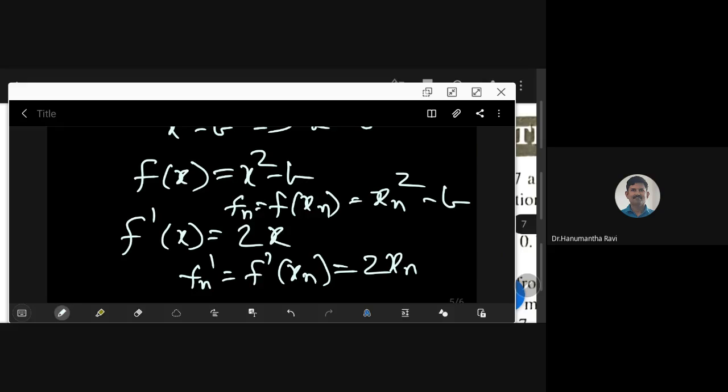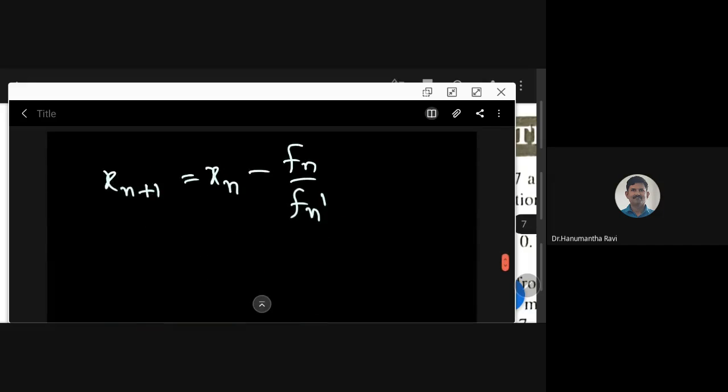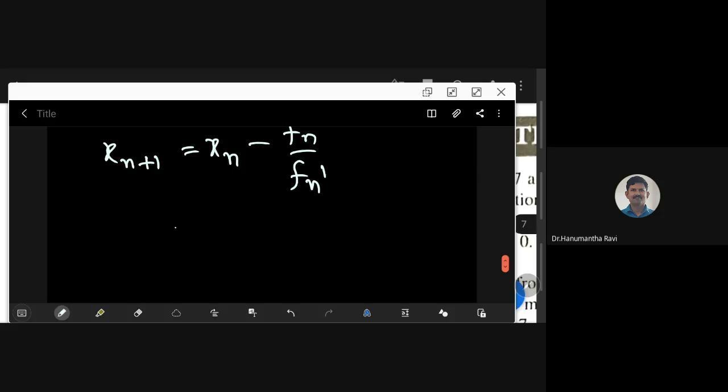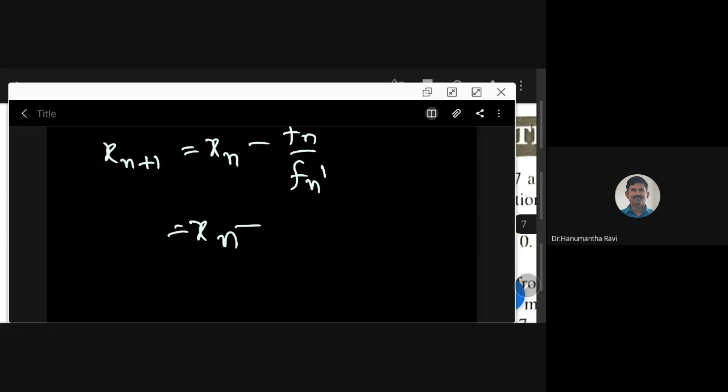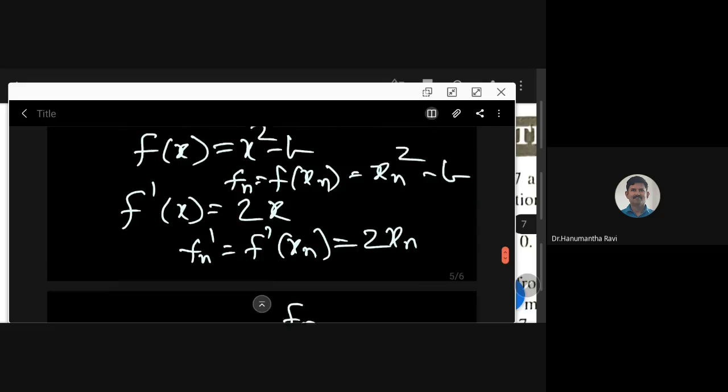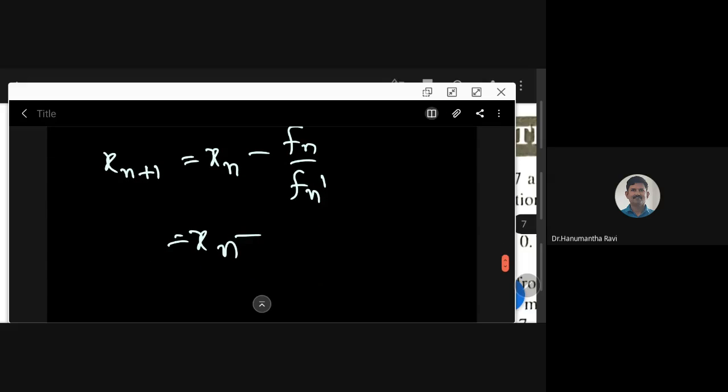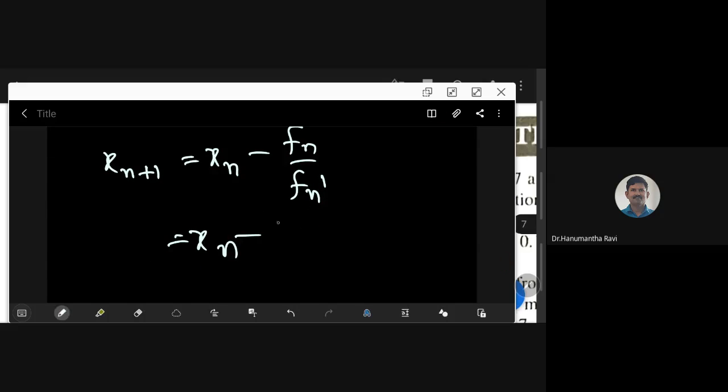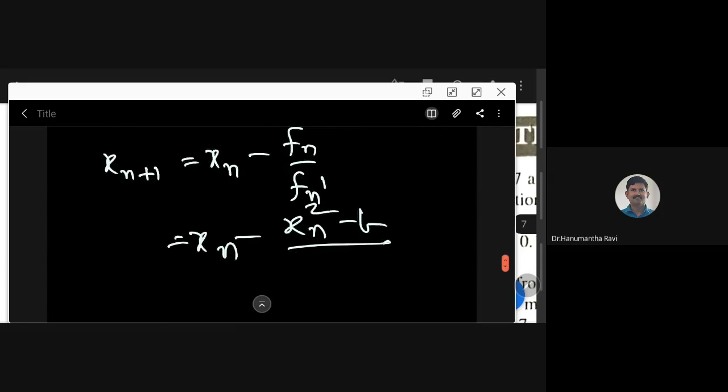So our formula now becomes xn minus, fn is xn square minus b, by 2xn.